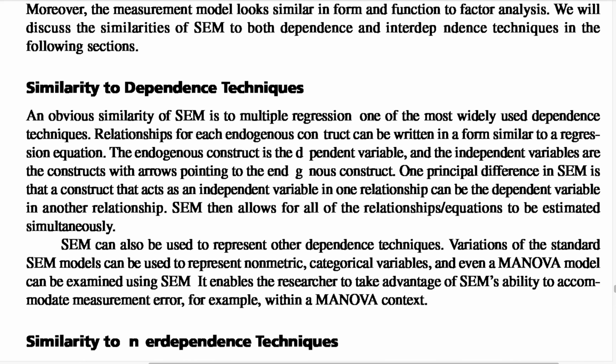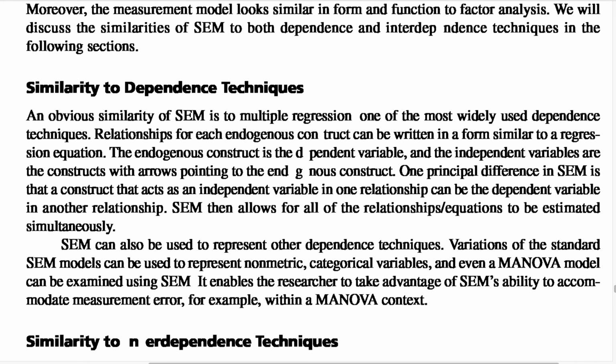The endogenous construct is the dependent variable, and the independent variables are the constructs with arrows pointing to the endogenous construct. One principal difference in structural equation modeling is that a construct that acts as an independent variable in one relationship can be the dependent variable in another relationship. Structural equation modeling then allows for all of the relationship equations to be estimated simultaneously.